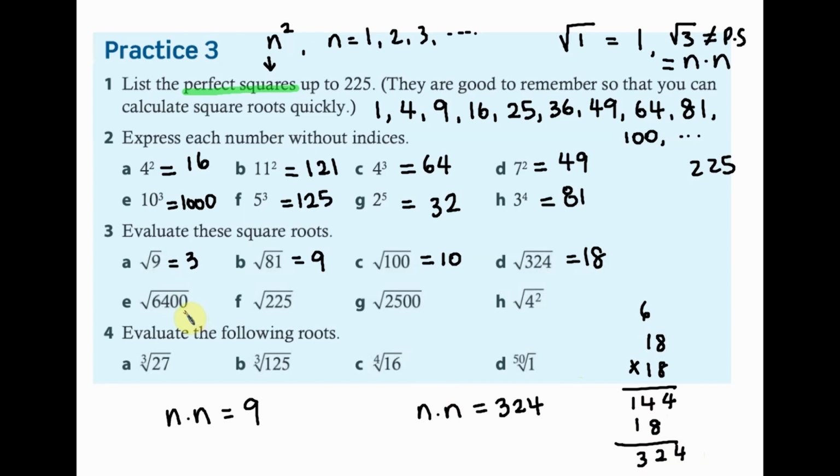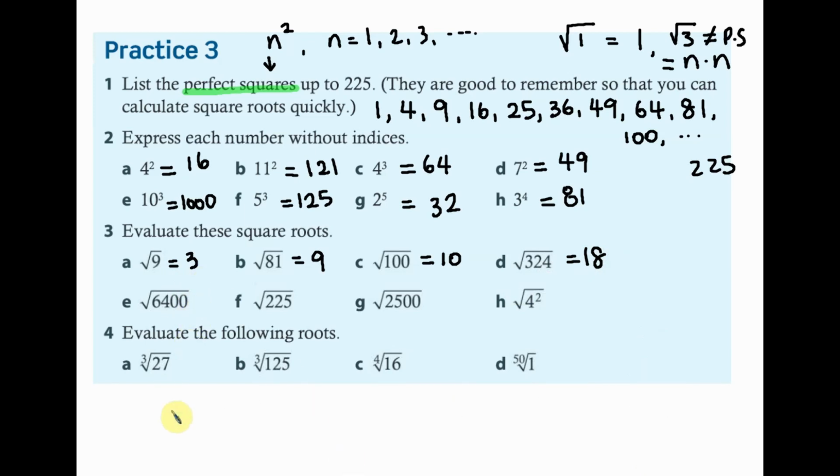What about 6,400? The easier way for me is to get rid of these double zeros, because I know 10 times 10 will get 100. So let's just think about the square root of 64. 64 was a perfect square, so I know if I had 8 two times, I will get 64. So what if I do 80 times 80?